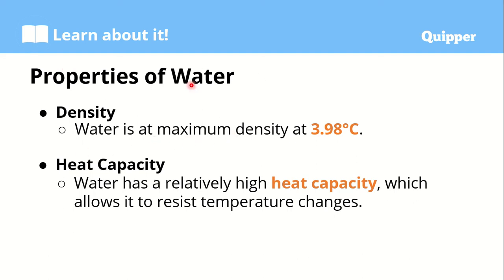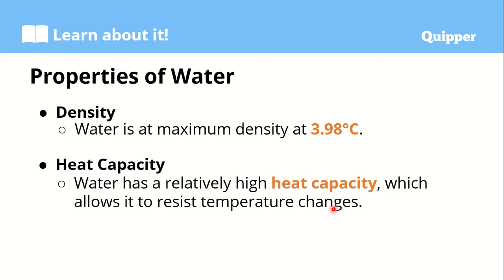Now, the second property of water is the heat capacity. Water has a relatively high heat capacity which enables it to resist temperature changes. And heat capacity class, it is applicable for, of course, our bodies of water.